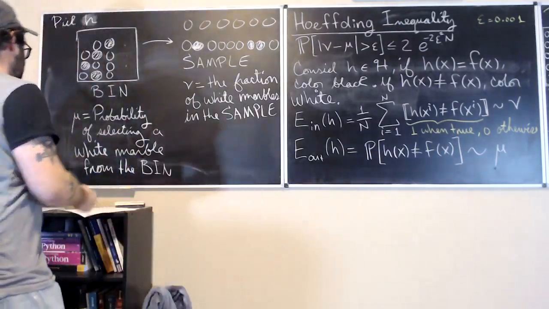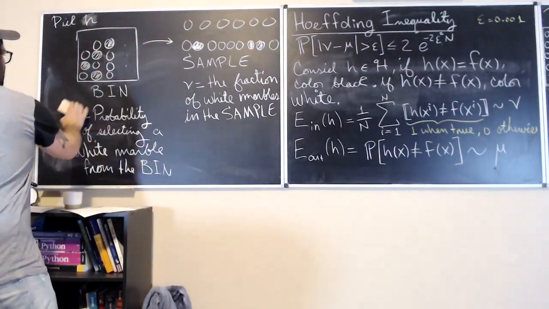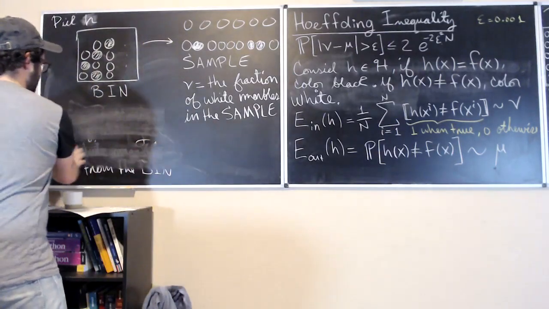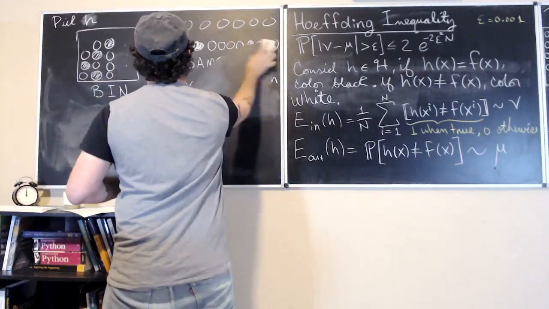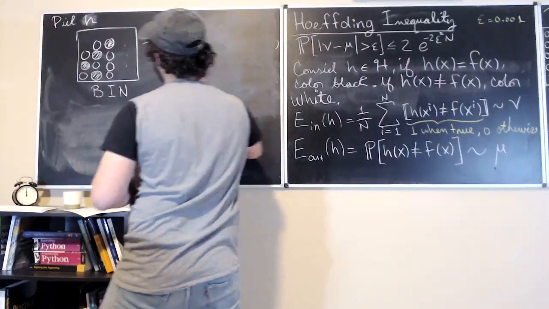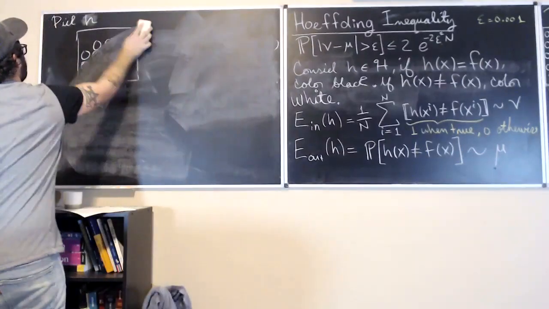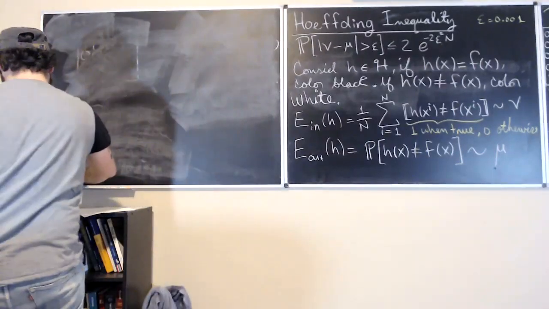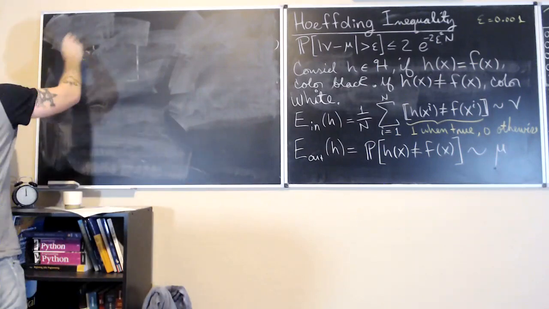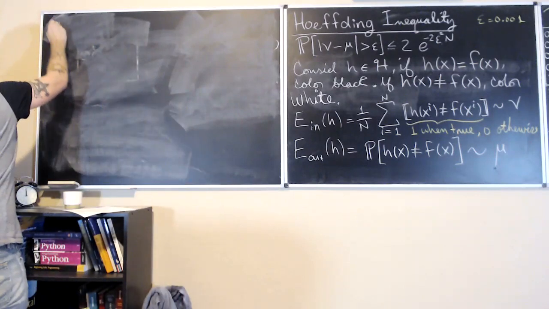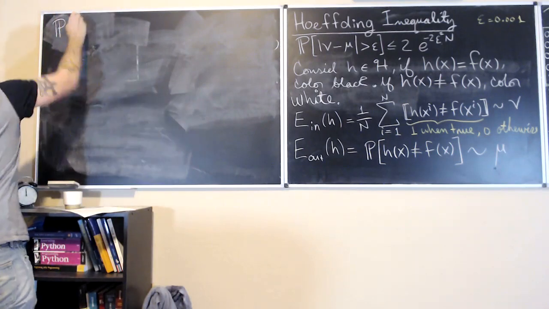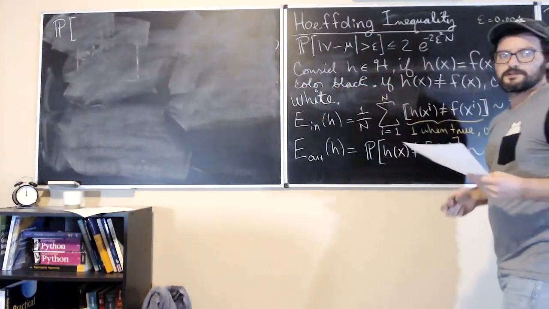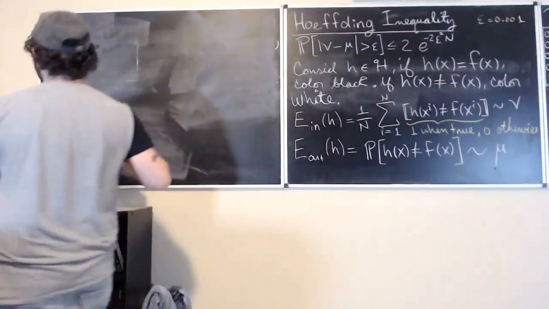So now we can kind of discard these mu and nu, and talk about the following. For a given hypothesis H, we can use the Hoeffding inequality.